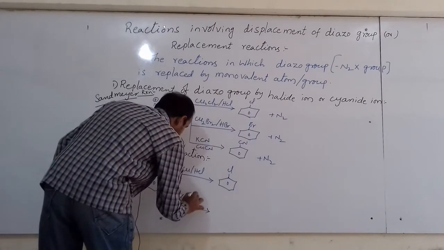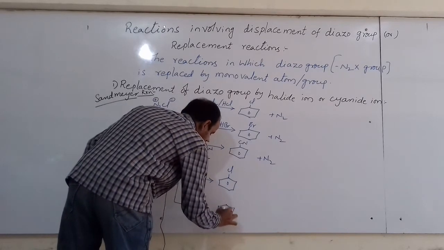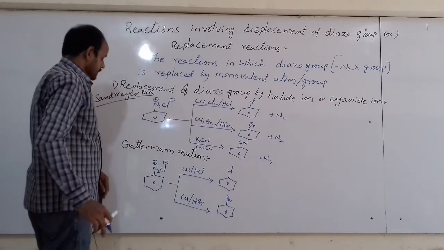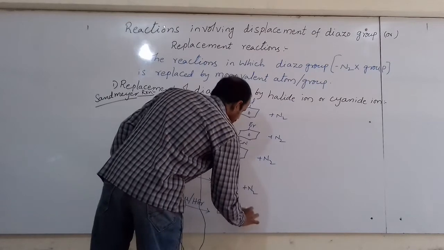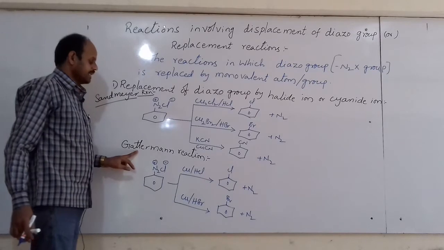Similarly it reacts with HBr in the presence of copper, and we get bromobenzene. Here the byproduct is N2 gas, and here also the byproduct is N2 gas. These reactions are called the Gattermann reaction.